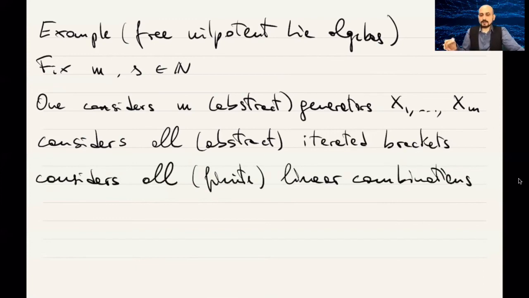Now, of course, what we have created is an infinite dimensional vector space. Okay. Now we want to kill all the vectors that are iterations of more than s many vectors.